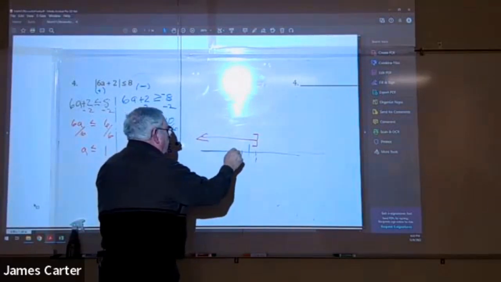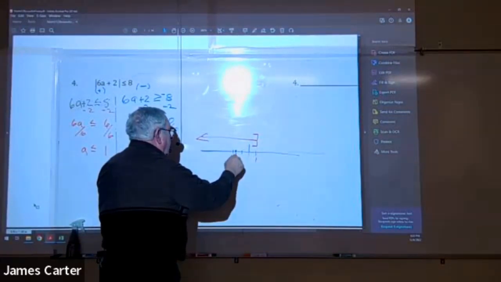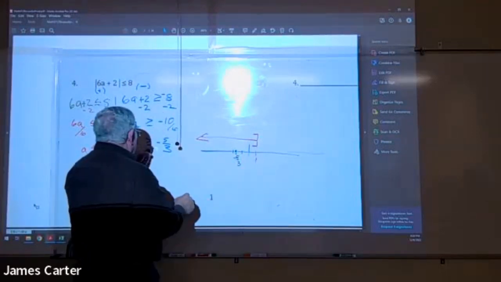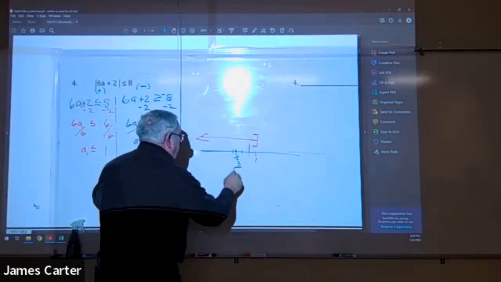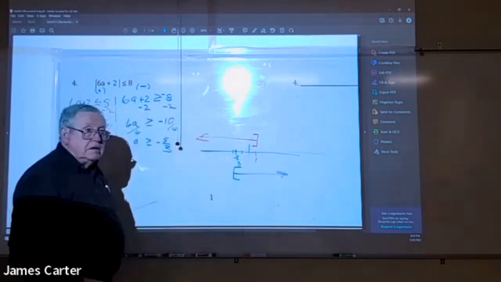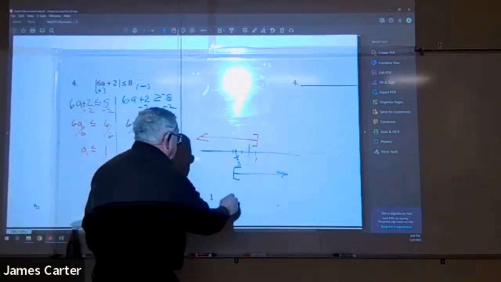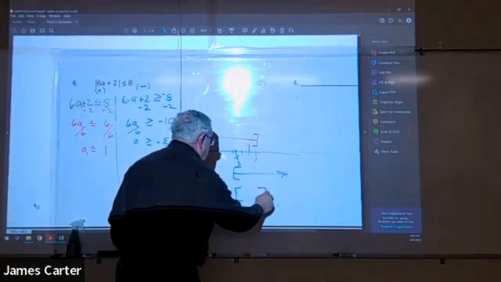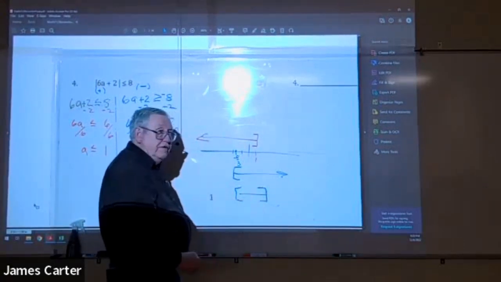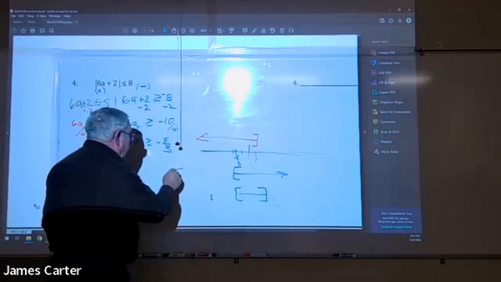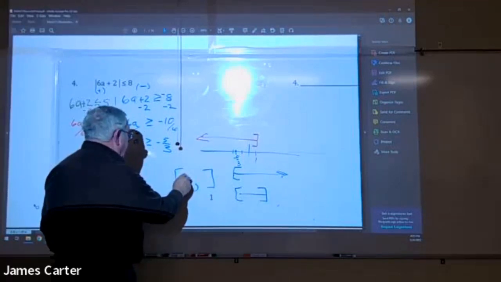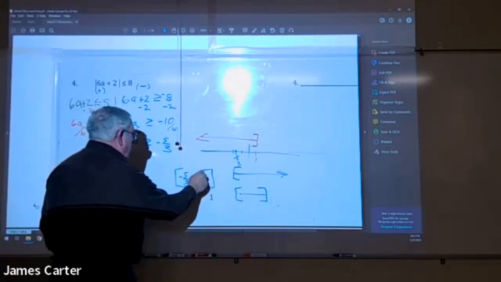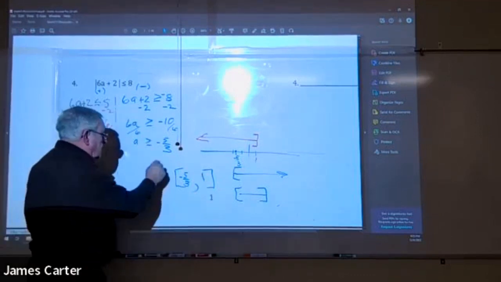Negative 5/3 is 1 2/3. Okay. It's got the or equal and is telling us is everything bigger this way. So then our solution is that graph. So that tells us what our interval looks like. Negative 5/3 and 1.